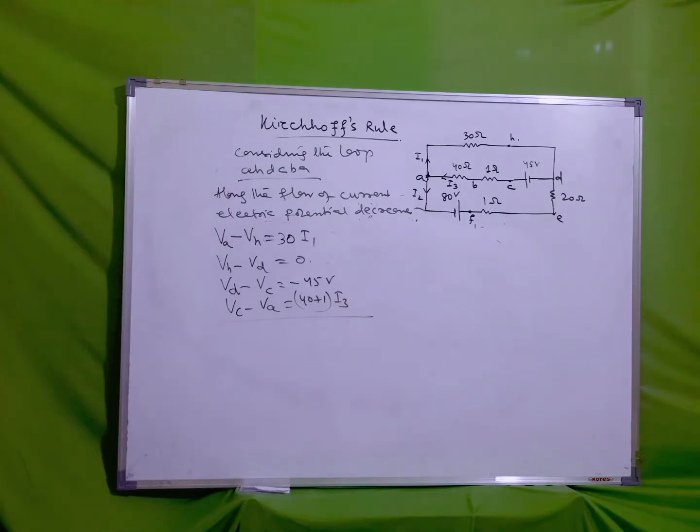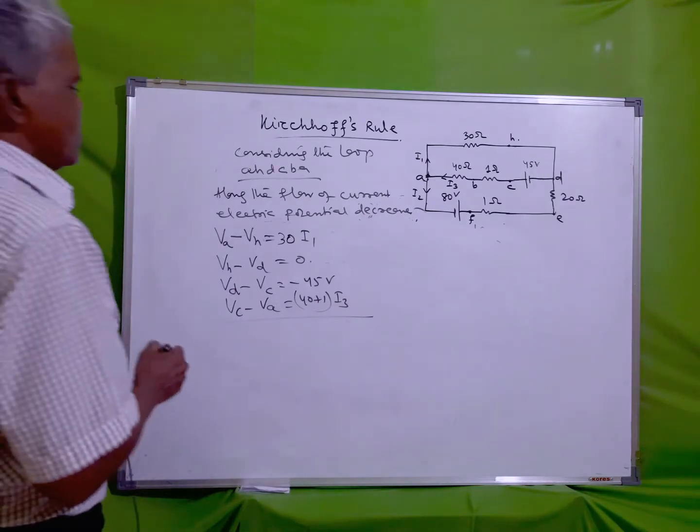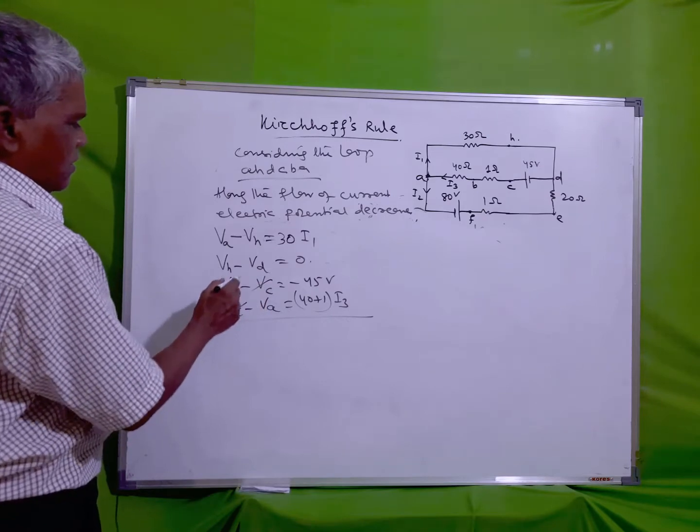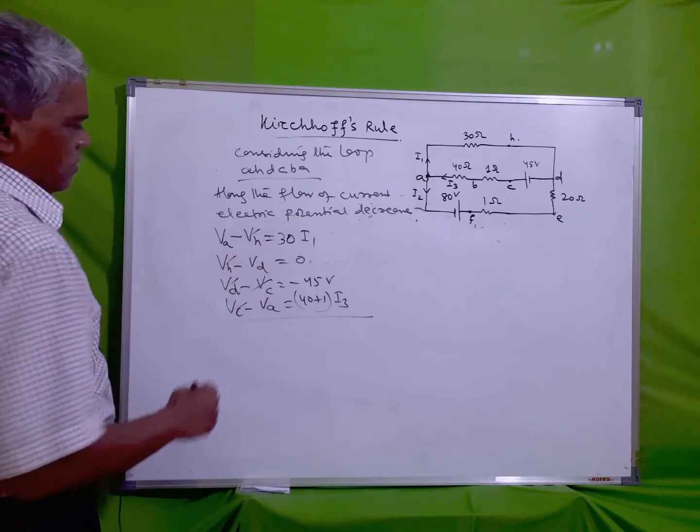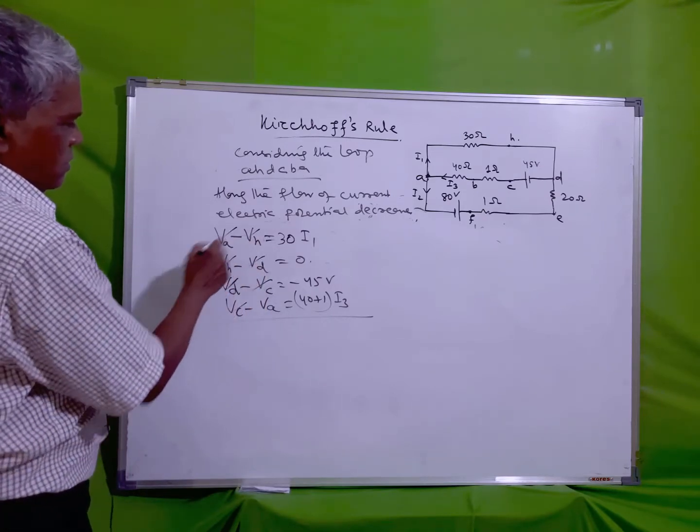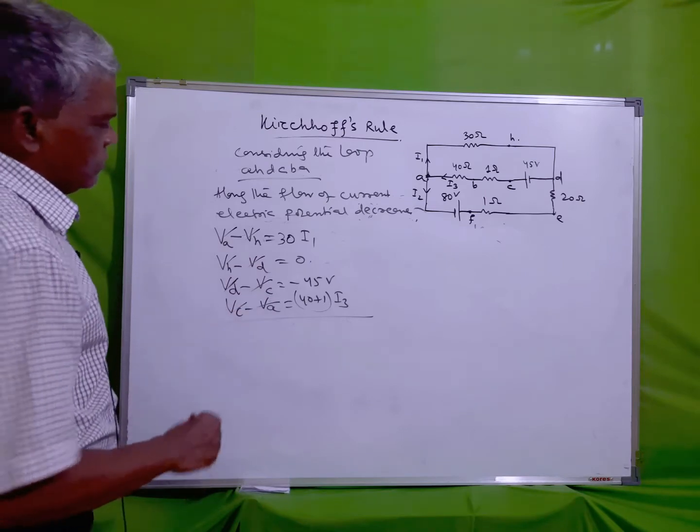If we sum or add the four equations, the left side is 0.